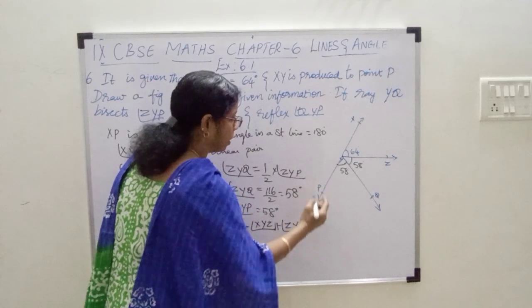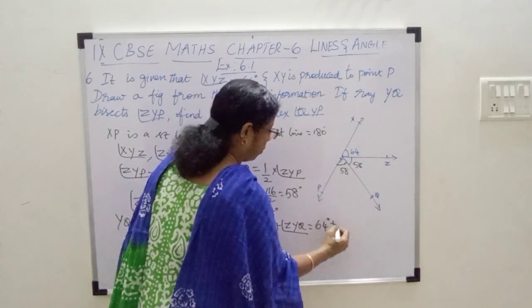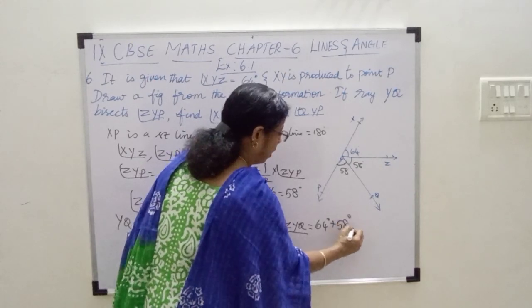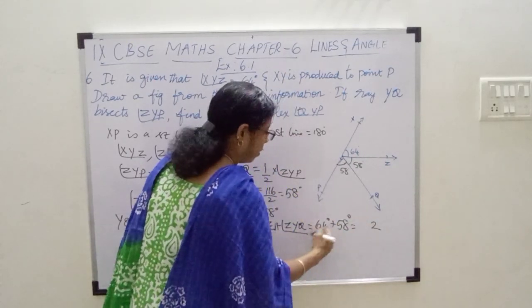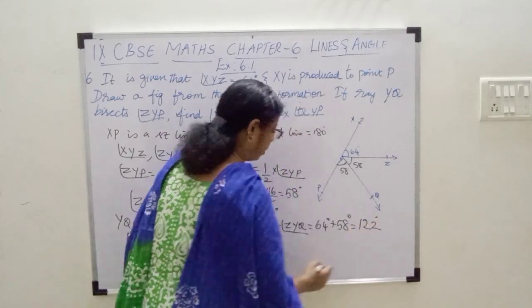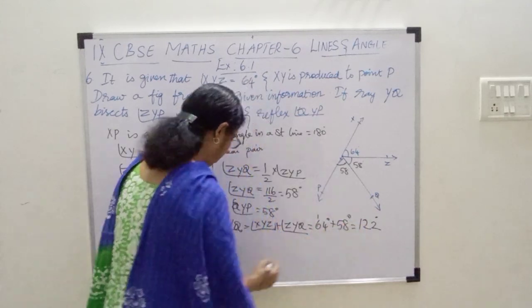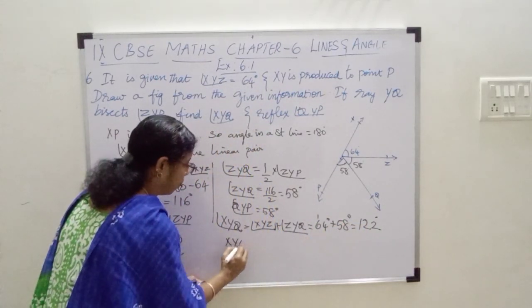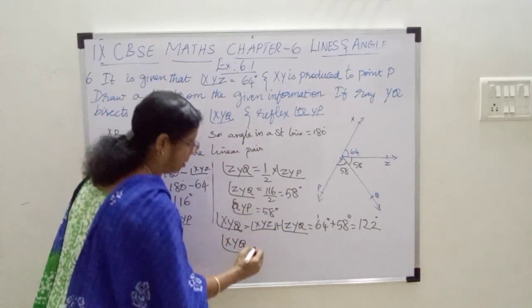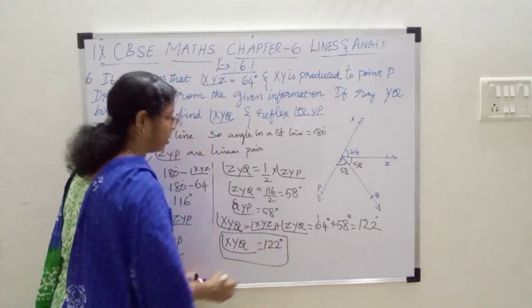That is angle XYZ is 64 plus angle ZYQ is 58 degree. 4 plus 8 is 12, remainder 1, 7 plus 5 is 12. So angle XYQ, what they've asked, is equal to 122 degree. This is the first answer.